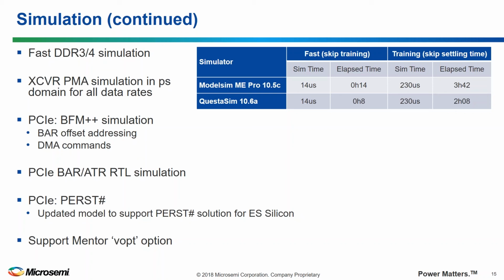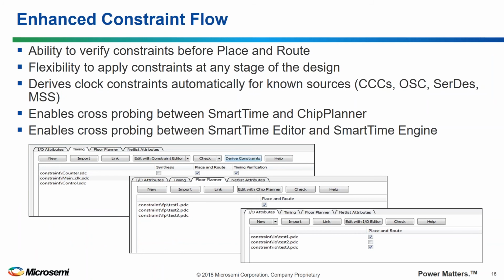But an alternative method would be to use a third-party verification IP model for PCI Express. And in that case, you would have a register transfer model of the PCI Express, and the entire path could be simulated. That's something that you could work with a third-party vendor, get the verification IP, bring it into your Libero project, and then do a full simulation if you wanted to.